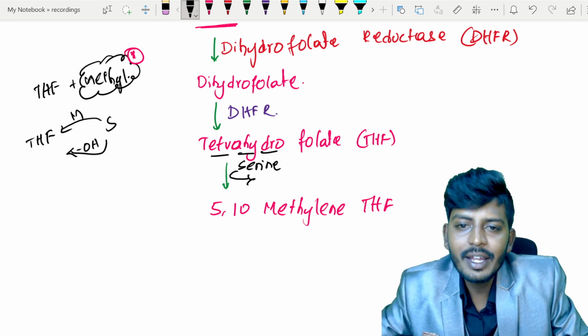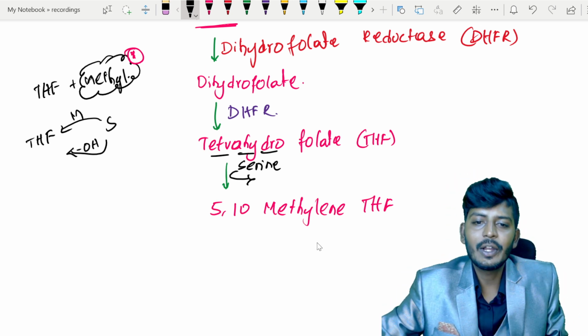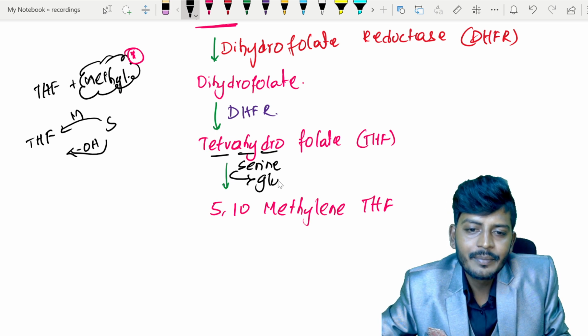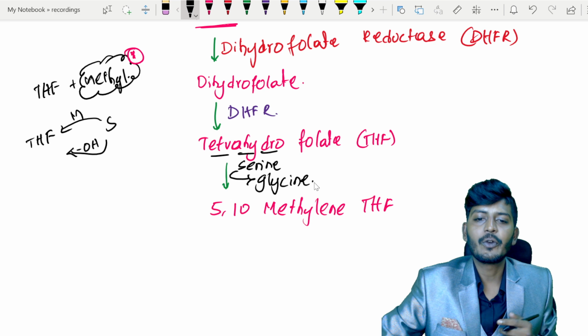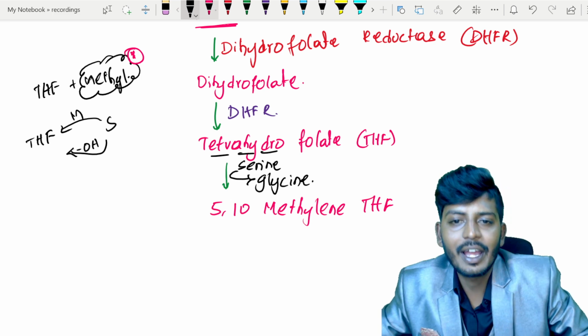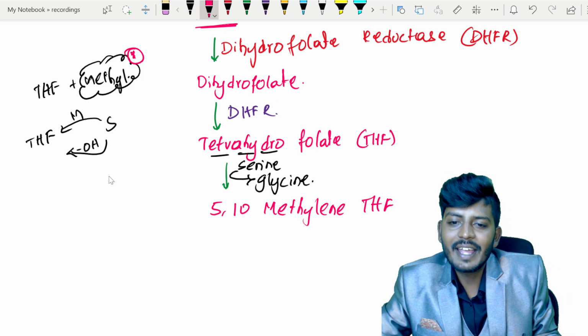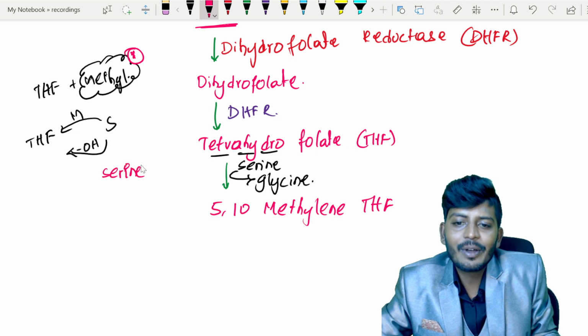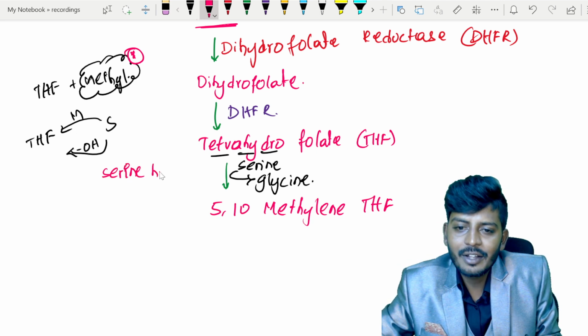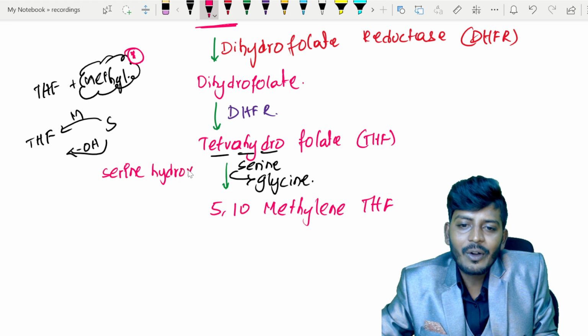So serine, after giving particularly this methyl group, will get converted into glycine. So the conversion of tetrahydrofolate to 5,10-methylene tetrahydrofolate requires an enzyme. What is that? From the serine only, what you are doing? You are transferring a hydroxyl group, serine hydroxy.